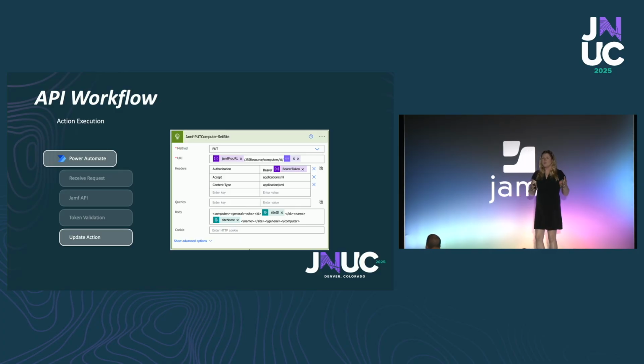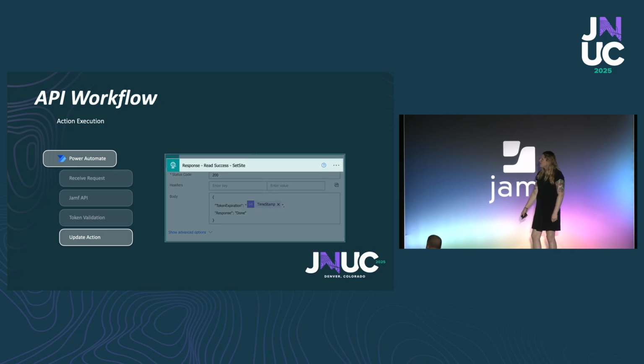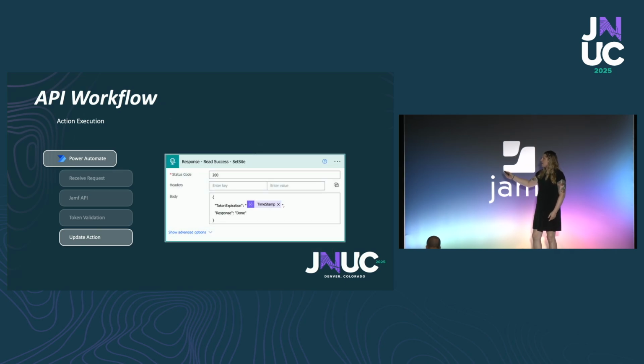So this is all while we're still in that first setup item in our Jamf Setup Manager process. We've already switched to a separate site. We're also then just giving some information back to the script that requested this, saying, hey, everything looks good, we've successfully changed the site on this particular device.